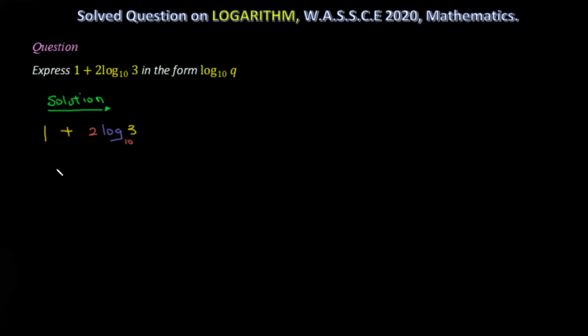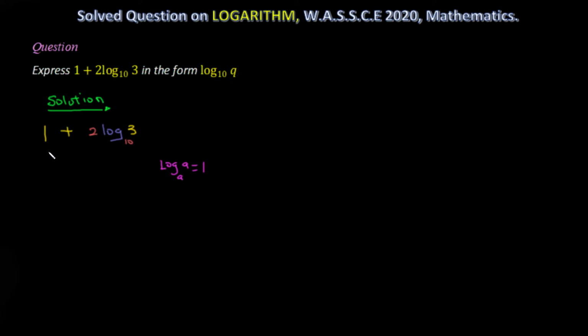From the rules of logarithm that I taught in my tutorial, you should understand that when you have log a base a, with the number the same as its base, it gives us 1. Meaning log 2 base 2 is 1, and log 3 base 3 is 1. Here we are trying to bring this to the form of log q base 10.